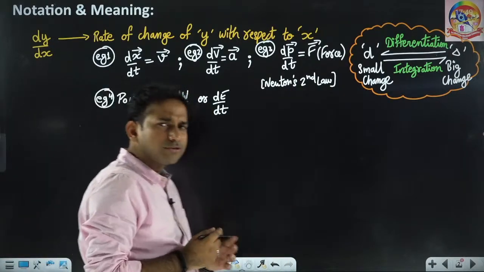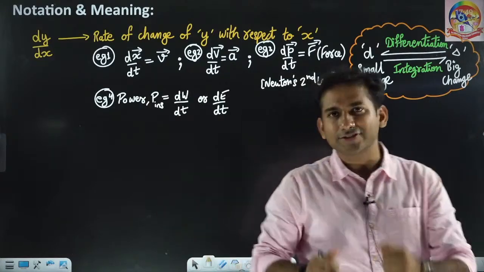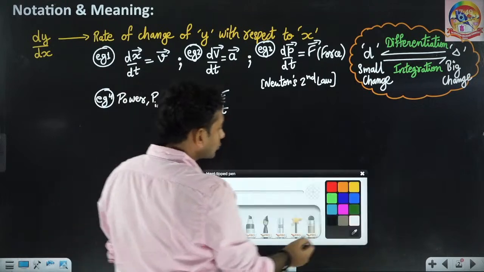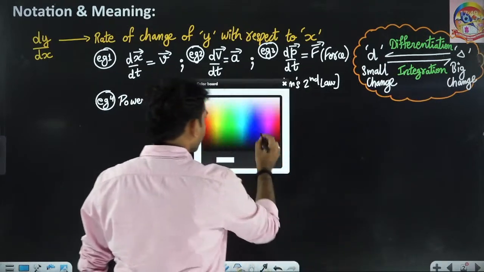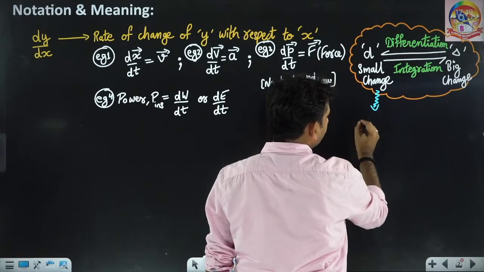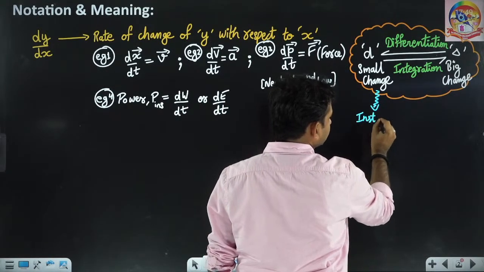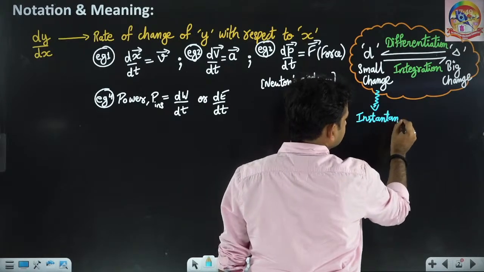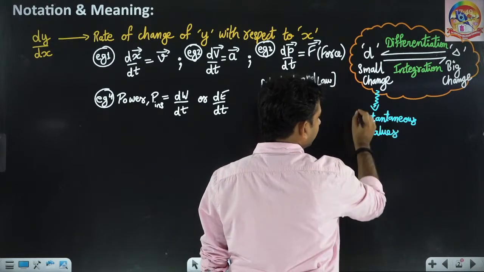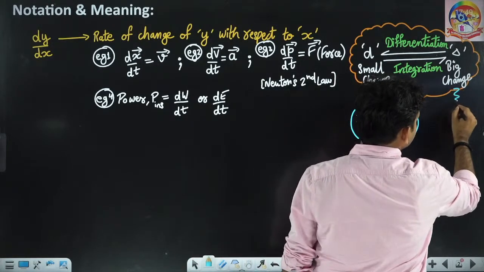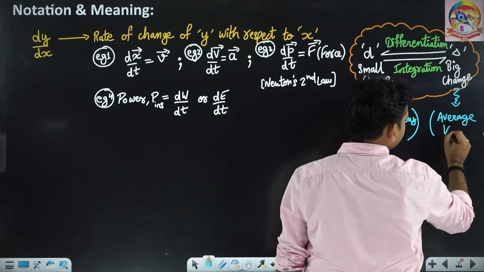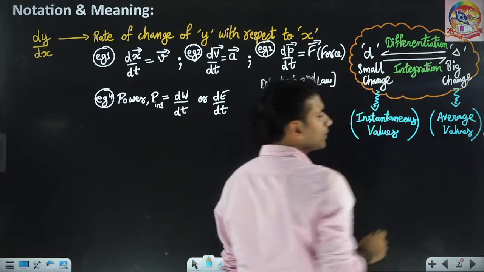And if you are talking about the big changes, the entire change in the duration, then you will be getting the average values. Okay, so small changes are used for instantaneous values and big changes are used for average values. Okay, so basic things you have to remember.